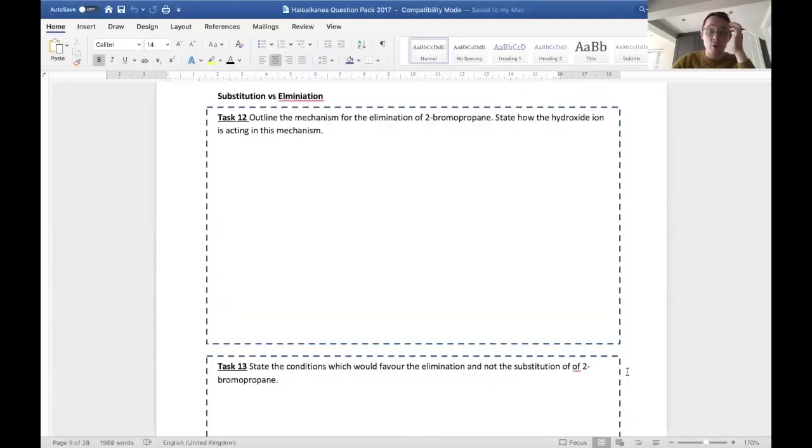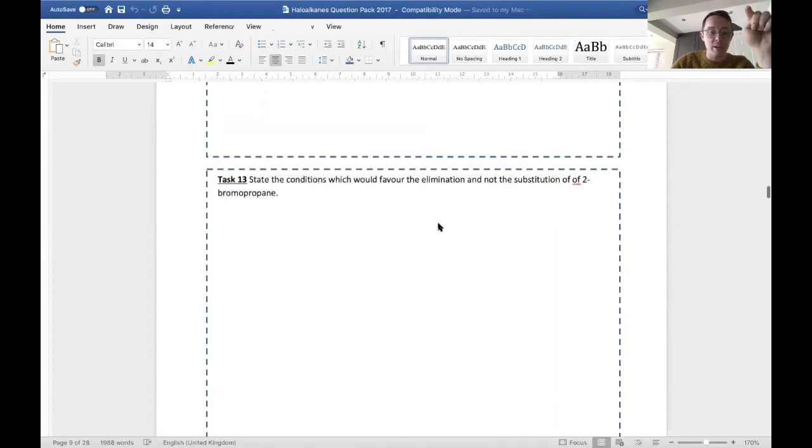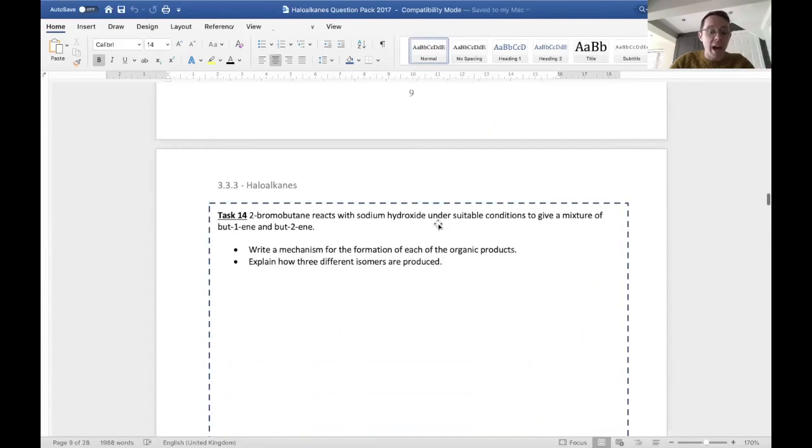Okay, so at this stage, you should now be in a position to have a really good go at the majority of the rest of the question pack. So again, let me put this on my screen just to explain fully. We should be up to task 12 in the question pack, comparing substitution and elimination. Outline the mechanism for the elimination of 2-bromopropane. So you should be able to have a go at task 12 and 13, again on those mechanisms, and 14.